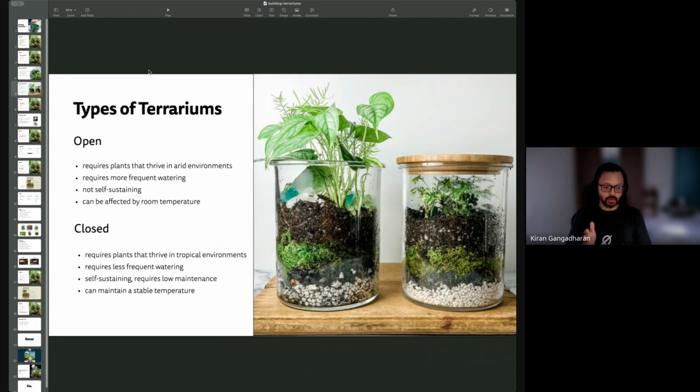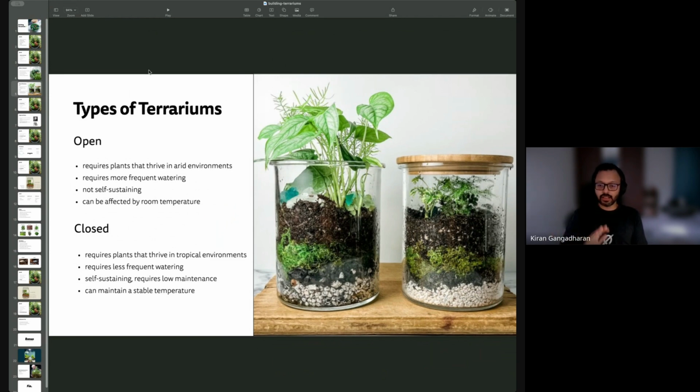A closed system, however, is a very different environment. Because it's closed, it's almost always humid and moist. So you need plants that can thrive in such environments, like tropicals. But the idea behind the closed terrarium is that you don't need to water. We'll get to the science of that, which is essentially very simple when you think of it.